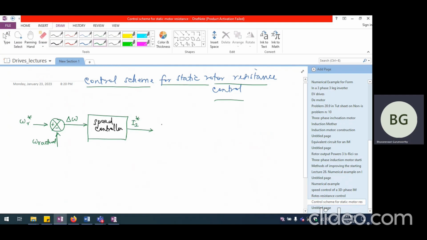Now, what we are going to do is from the current reference, we will compare that with actual current. So this is going to be I actual that is going to be compared, and this is going to be passed through a current controller. So we are going to have a current controller here.